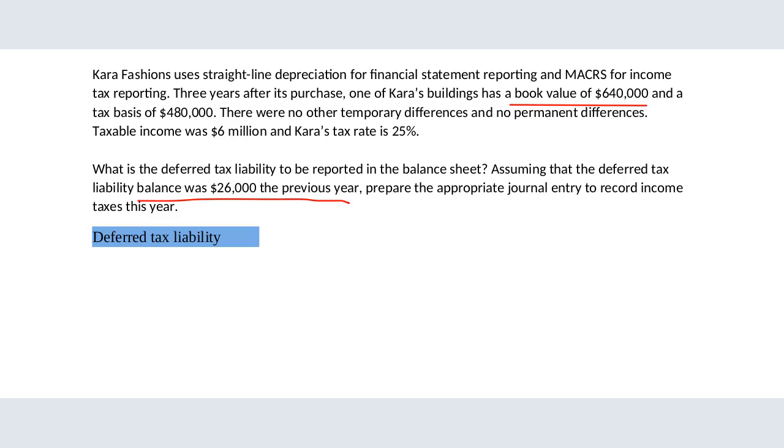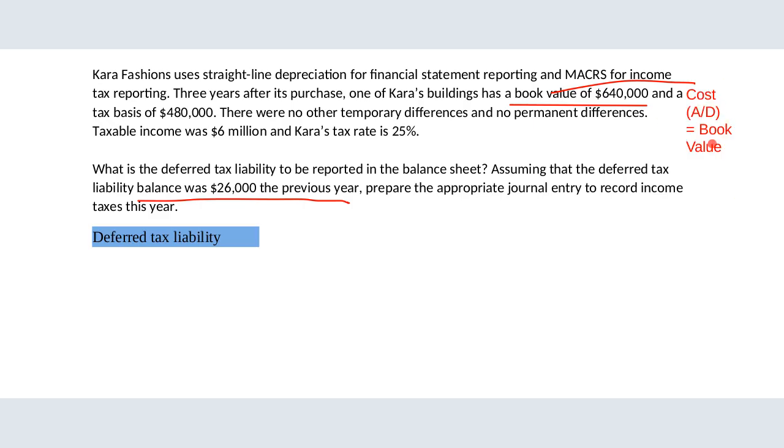So basically, our book value, let me just draw a line here. Book value is going to be our cost, right? Less our accumulated depreciation.